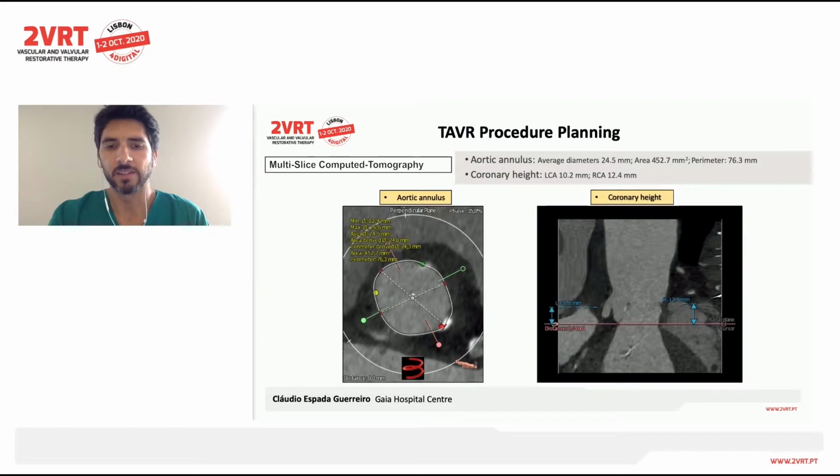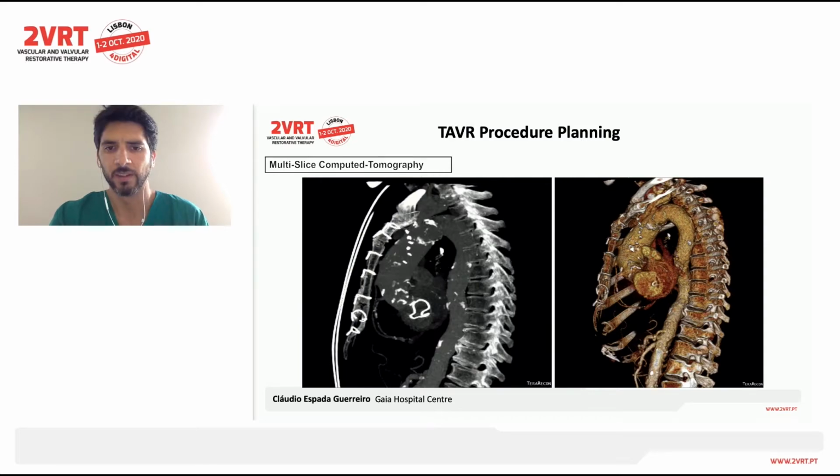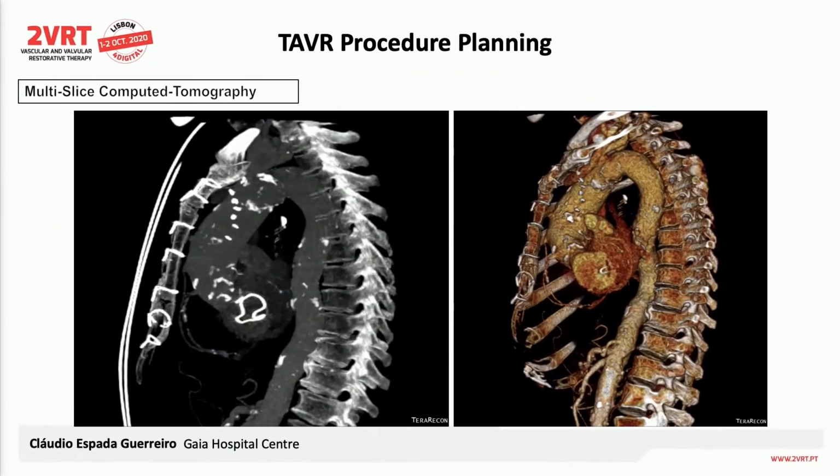The TAVR procedure was planned as usual with the cardiac CT, which showed aortic annulus with an area of 450 square millimeters and 76 millimeters of perimeter. The coronary height showed the left main with a height of approximately 10 millimeters, so in the limit. The aorta had tortuosity, and also we can appreciate a steep angulation in the aortic isthmus segment, and also diffuse atherosclerotic calcified disease.